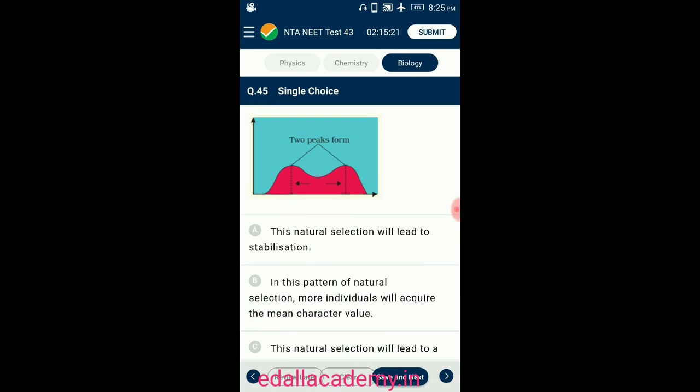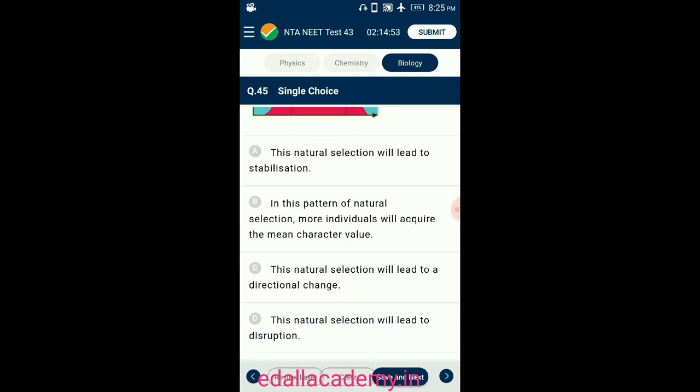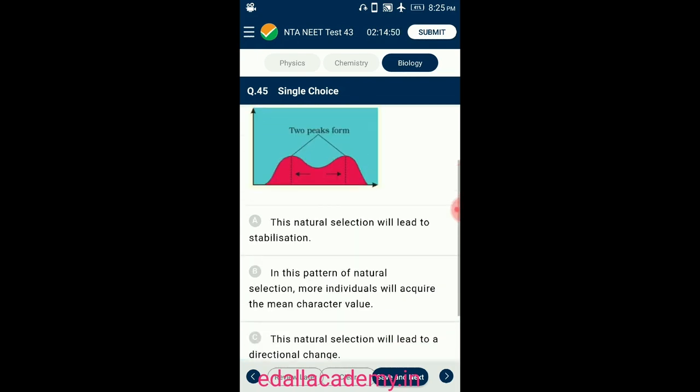Directional change, more individuals acquire a value other than the mean character value. Or disruption, which means more individuals acquire peripheral character values at both ends of the distribution curve. The two peaks clearly indicate a disruptive selection. So the answer for this question is option D. The natural selection will lead to disruption.